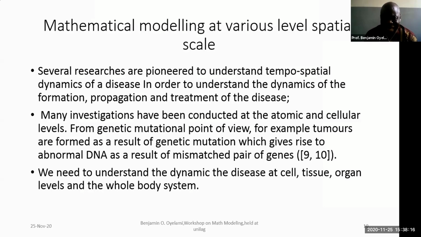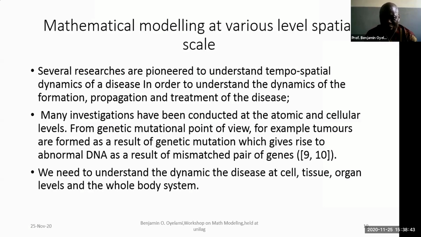And when it enters, how does it grow inside a human being? These are some of the things you have to look at. Some of them have to do with growth with respect to time, and how it spreads around within the organism. How does the disease propagate within a person?